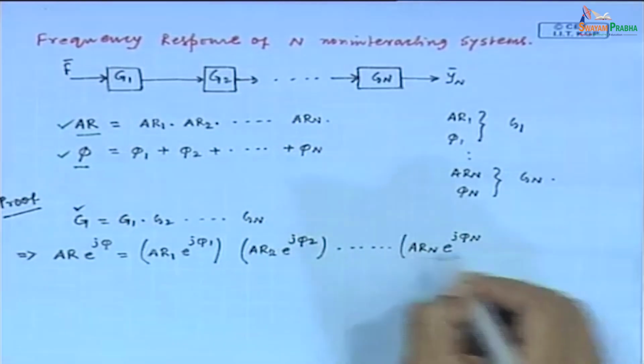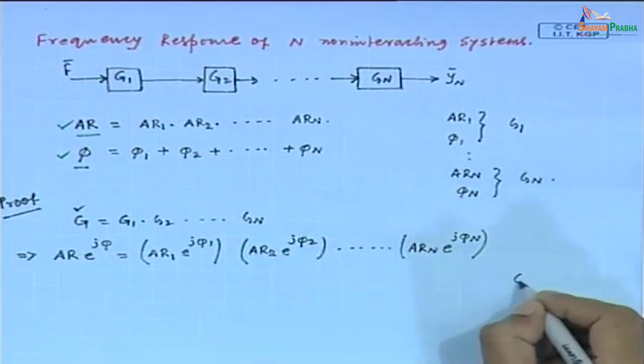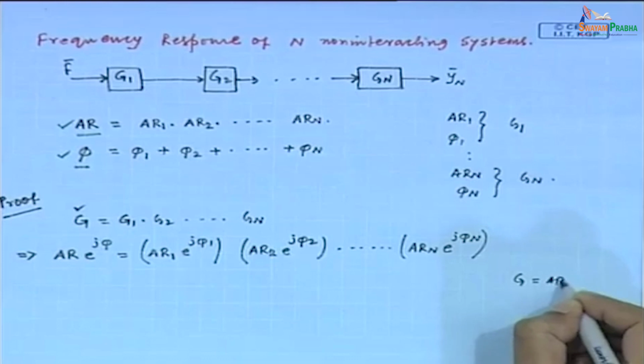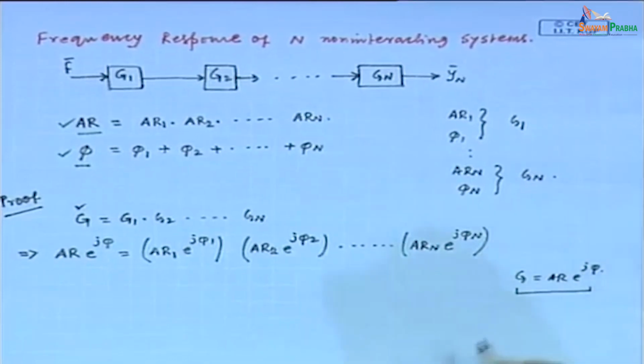Fine. We represented the transfer function in polar form. So, generally we write G equals amplitude ratio exponential of j phi. In polar form we can write the transfer function in this way.